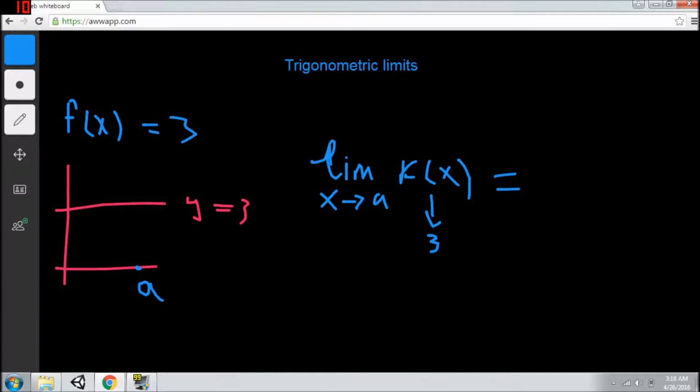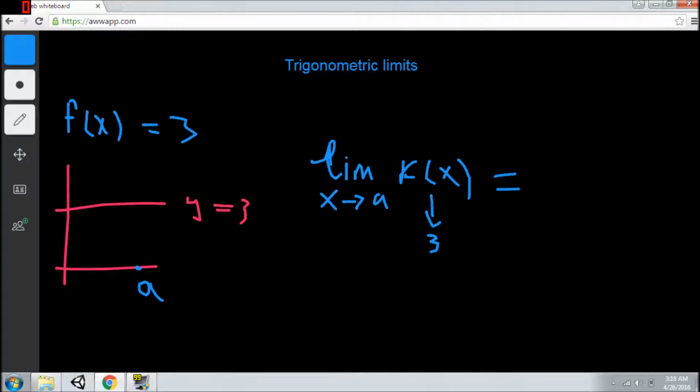This is not a weird idea. If you have a function that doesn't change over x, y itself is always equal to 3.